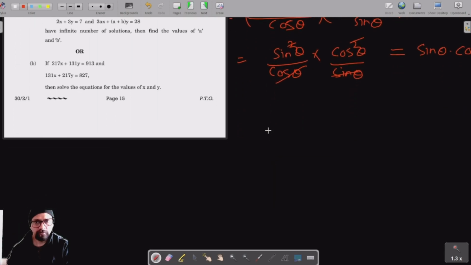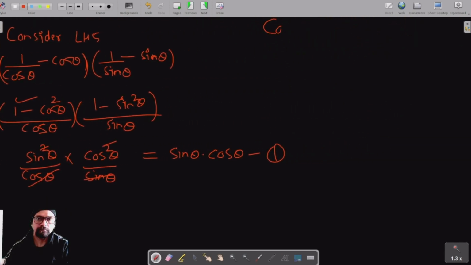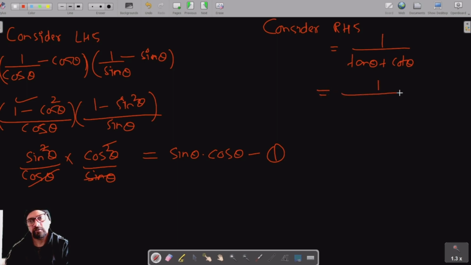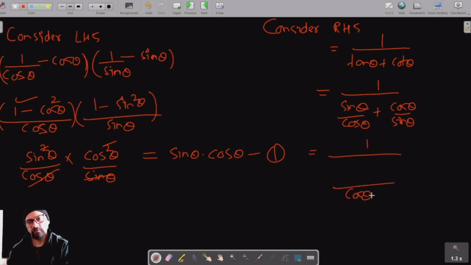Now let's also consider the right hand side, which is equal to 1 upon tan theta plus cot theta. We know that tan theta is sine upon cos theta, and cot is cos upon sine, and the LCM here is cos theta into sine theta, which gives us sine square theta plus cos square theta.